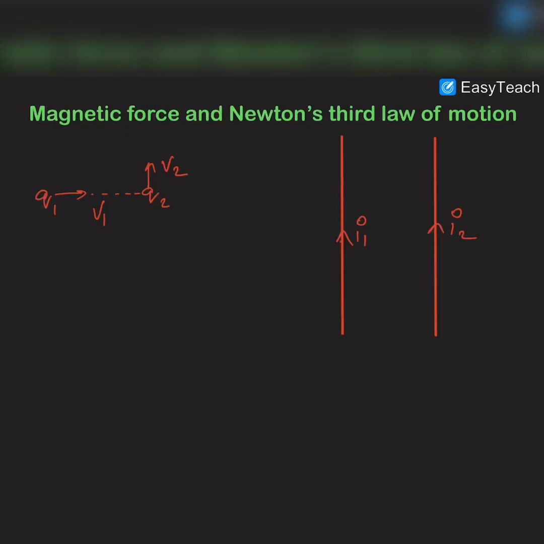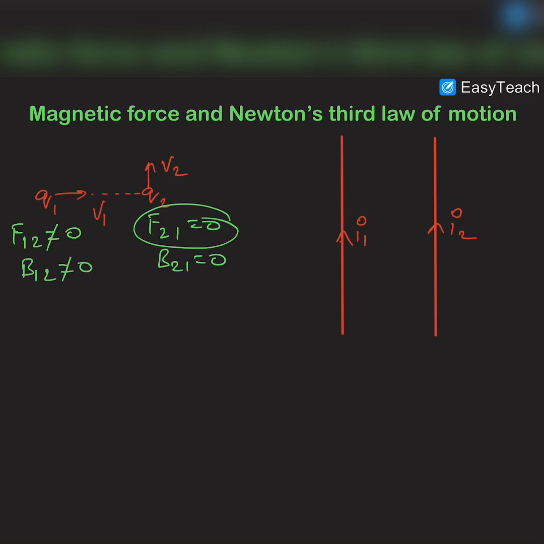And in the third scenario, we have already discussed that the force acting on 2 due to 1 will be 0 because the magnetic field on 2 due to 1 is 0, and the force acting on 1 due to 2 will be non-zero because the magnetic field on 1 due to 2 is non-zero.